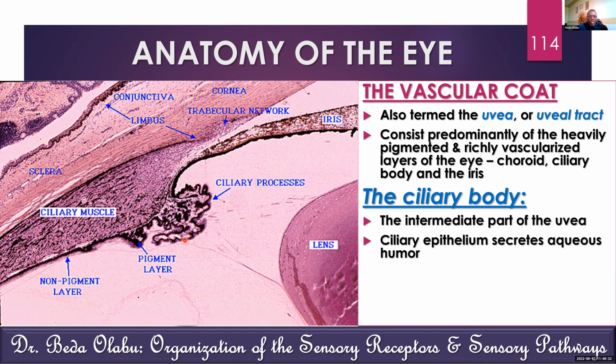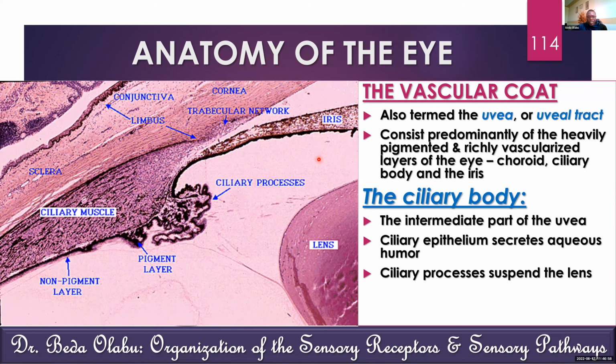We can see that heavily pigmented epithelium with some processes there. This ciliary epithelium is the one that secretes the aqueous humor. The aqueous humor is the fluid in front of the lens. The one behind the lens is called the vitreous humor. The one in front is the aqueous humor. So it secretes the aqueous humor into this region here.